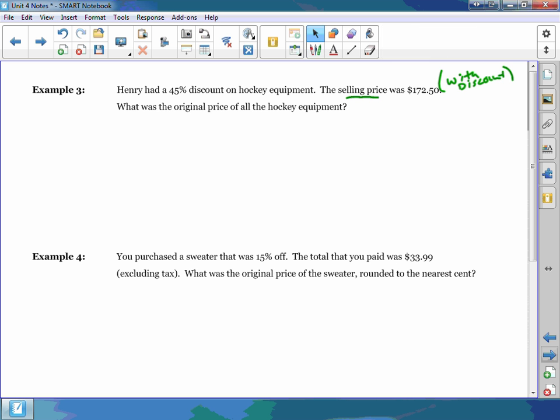So try to make that connection. Answers should be rounded to the hundredths place because it's dollars and cents.